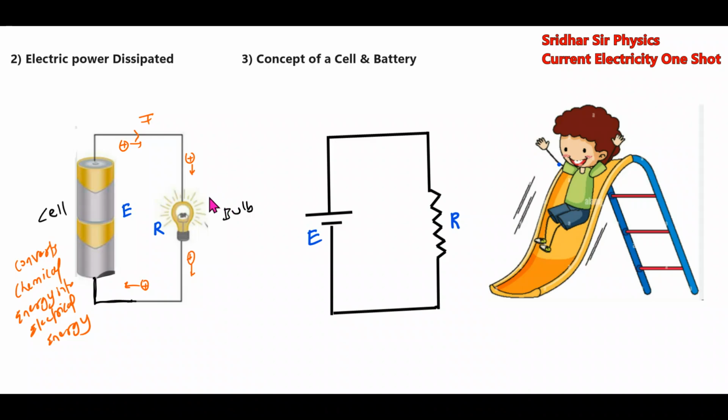So what does this bulb convert? Electrical energy to heat and then to light. This is how the conversion occurs. Here we'll show that one. The positive charge, an energetic positive charge, will leave here and enter here.